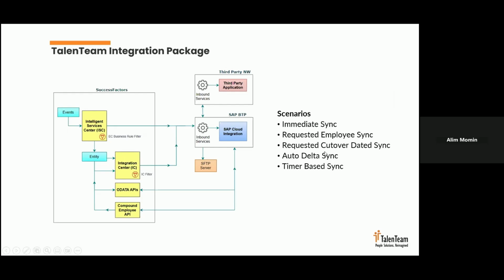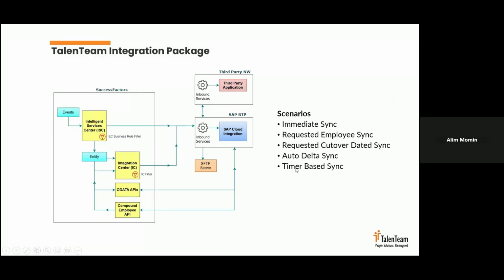Also, there are sometimes challenges that, let's say, a third party system was down for a week, or maybe SAP Cloud Integration was down for some time, or maybe SuccessFactors, and they want to sync some data from the last one week.